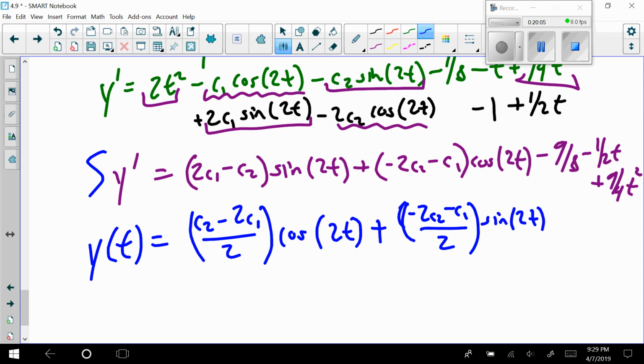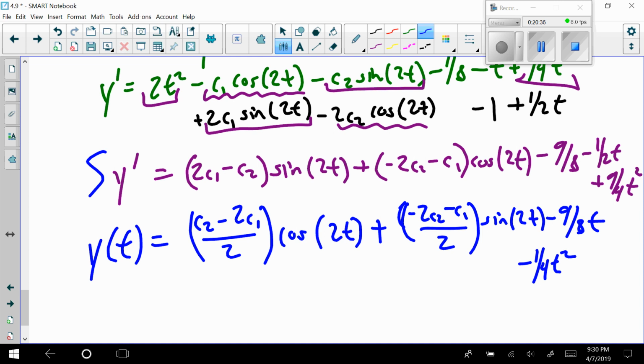Okay. And finally, I do these other little tiny ones. This is negative 9/8 t. That would be plus, let's see here, that'd have to be, well, it wouldn't be plus, it would be minus 1/4 t squared.